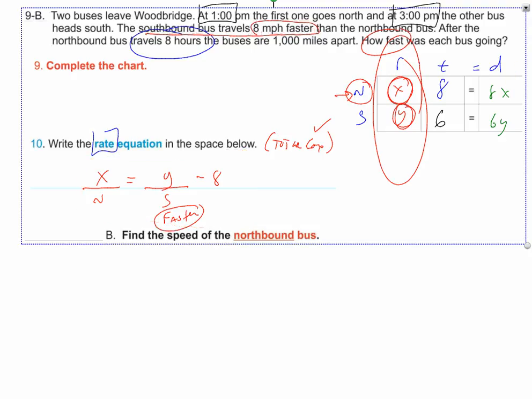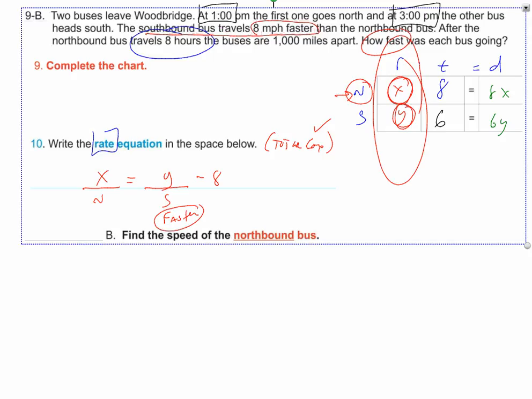Agreed? 6y from your chart is a distance. 6y is not a rate. 1,000 miles is a distance, not a rate. 8 hours is a time, not a rate. 1 p.m. is a time and 3 p.m. is a time. Neither of those are rates. Your rate equation has to have all rates. If you were doing a distance equation, it would have to have all distances.